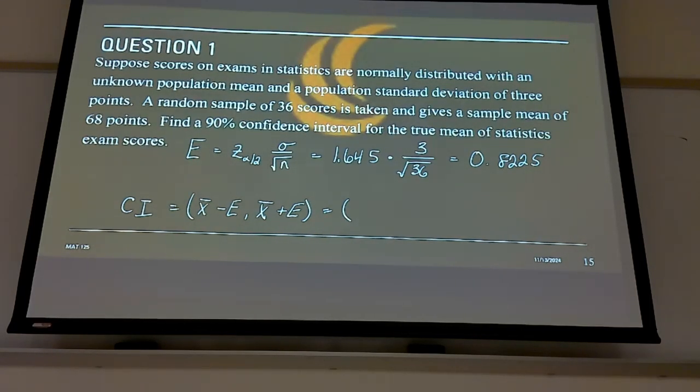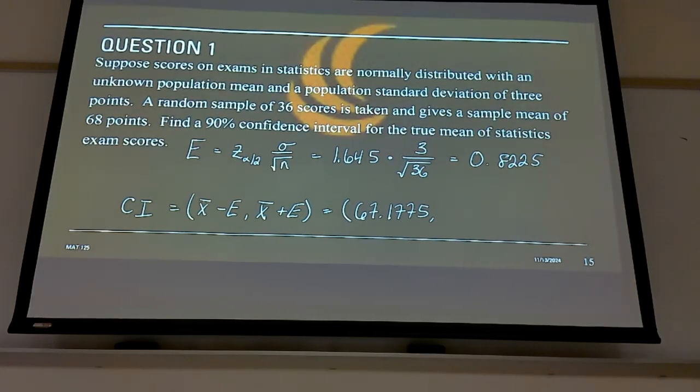So 68 minus 0.8225 is 67.1775. And 68 plus 0.8225 is 68.8225.